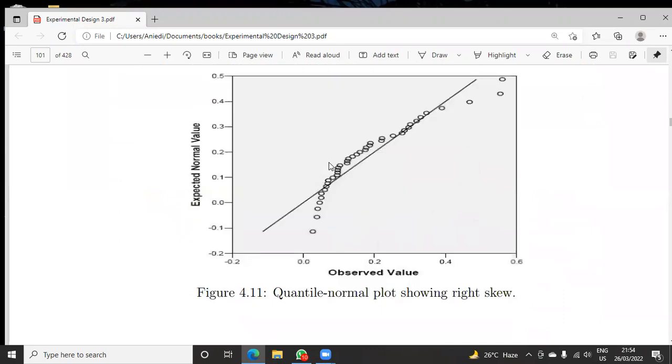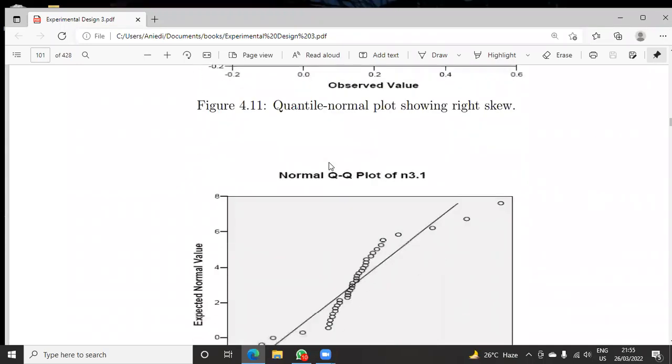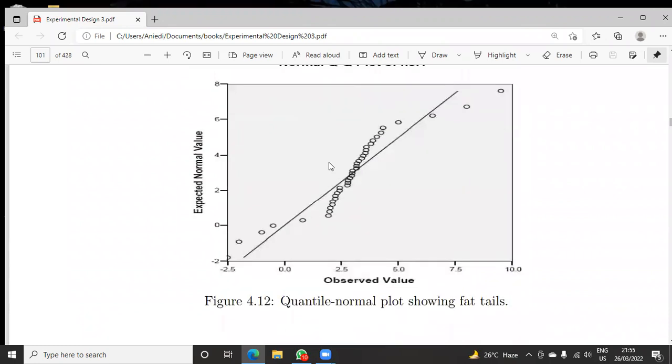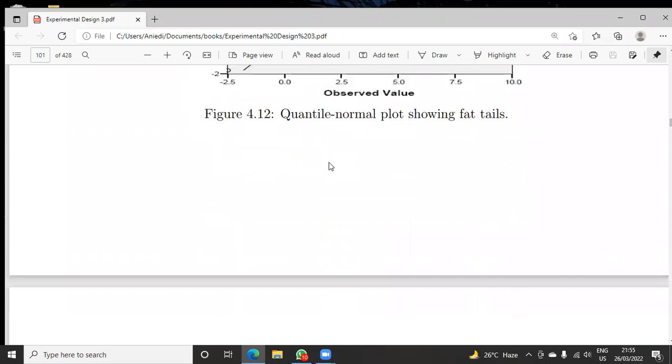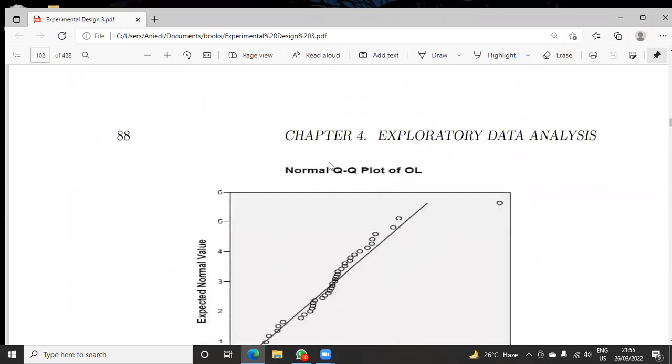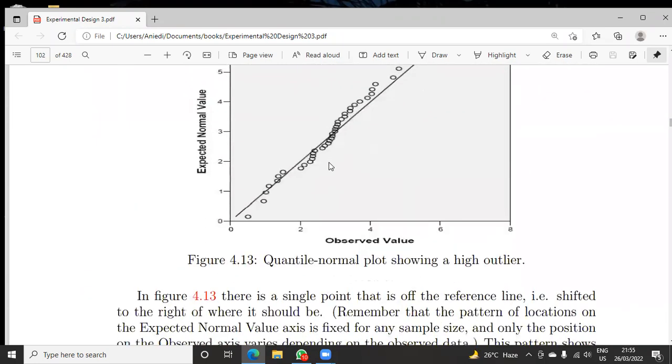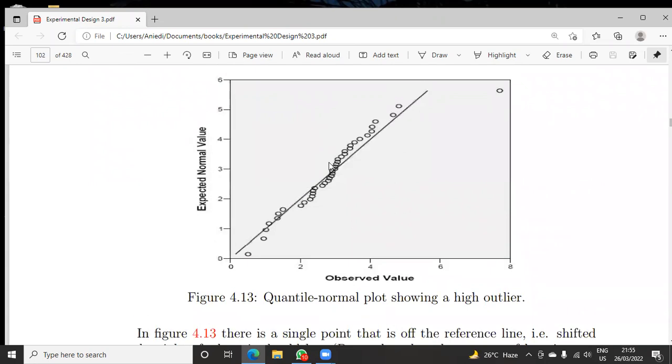If you see this other one, see how they have curved. They are not in the same distribution. See, this one is scattered too. They are not in the same distribution. So this one is close.